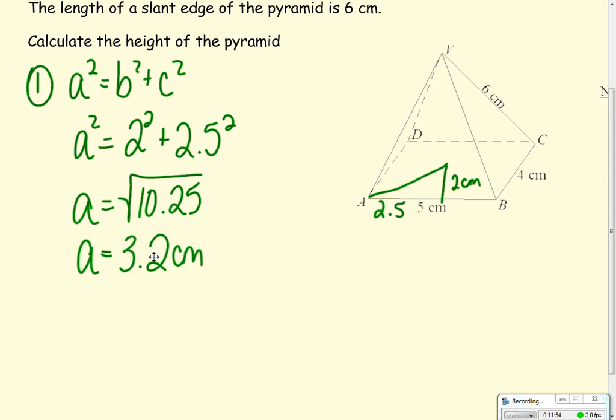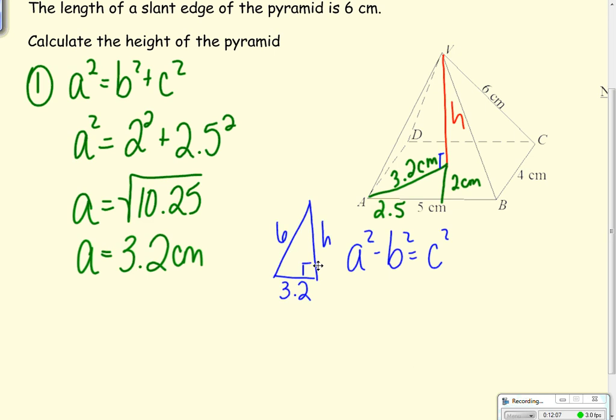Now that we've got that, what we have is the base of the triangle that's going to help us find the height. And I've redrawn it here with the numbers put in. So I know that the diagonal, the slanted side, is 6. They told me that in the problem. The base I've just found out is 3.2, and I'm looking for the vertical height on this one.